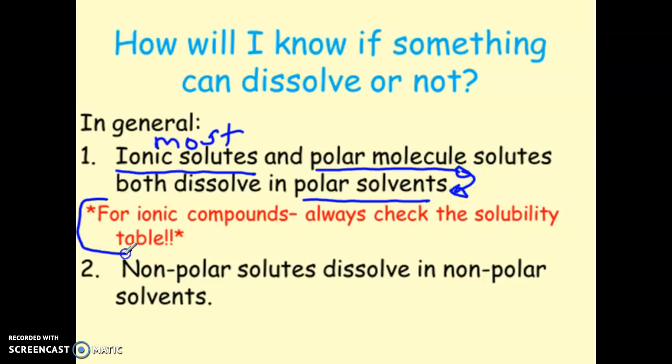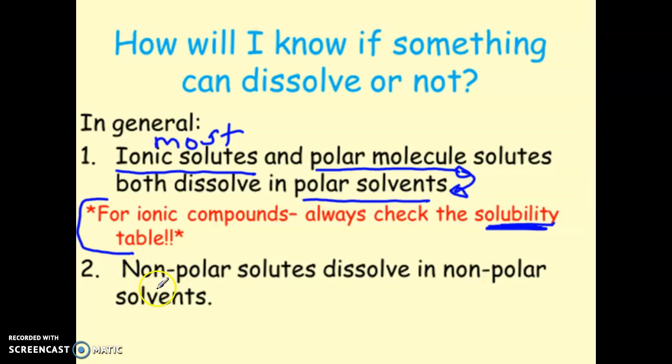Now, for ionic compounds, you do have to check the solubility table, because remember that some ionic compounds have high solubility, some have low solubility. So even though all ionic compounds can dissolve at least a little bit, some are able to dissolve a lot, very easily, and some only a smaller quantity is able to dissolve, has lower solubility.